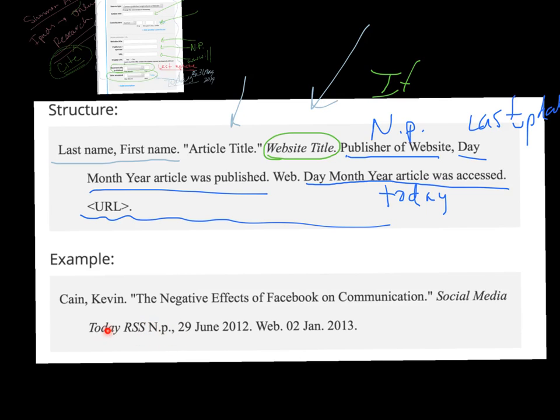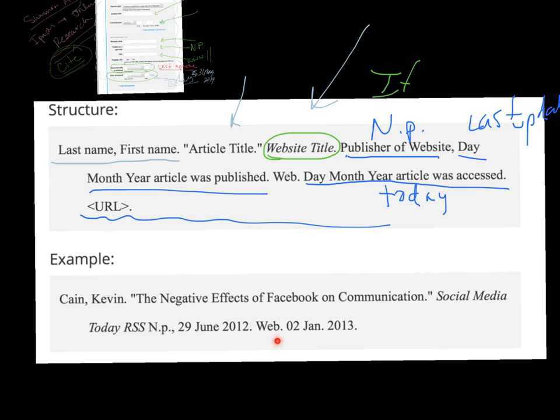No, right? This was the website, but the publisher is the actual person who put it into print. It was never put into print, it was put on the web page, so that's why you have NP, because they were not able to find anything. So no publishers found. Notice the period, comma, and then here was the date that it was last updated, on the 29th of June in 2012, with a period at the end of it.